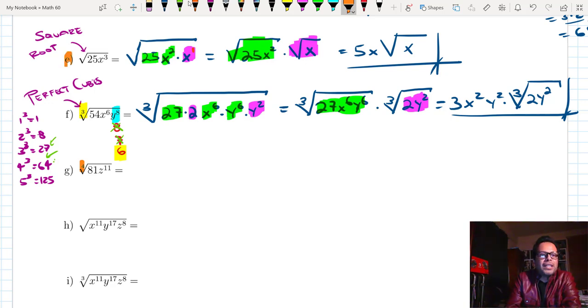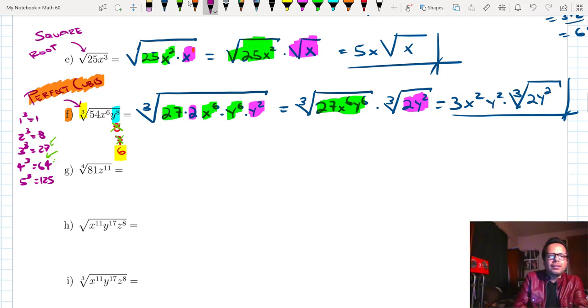For example, for letter E, when we look at the index, it turns out to be a square root, so we are looking for perfect squares. For letter F, the index was a 3, so we were looking for perfect cubes. Now, for letter G, the index is 4, so we are looking for perfect fourths. Let me write that down.